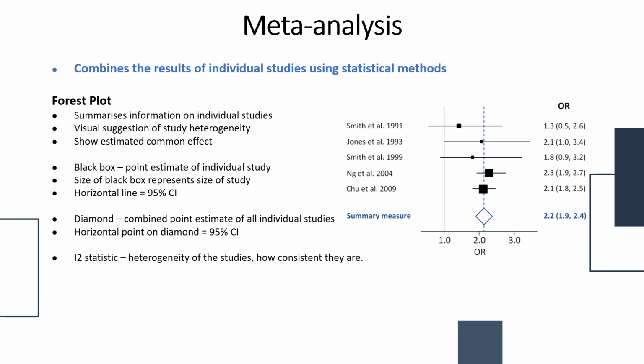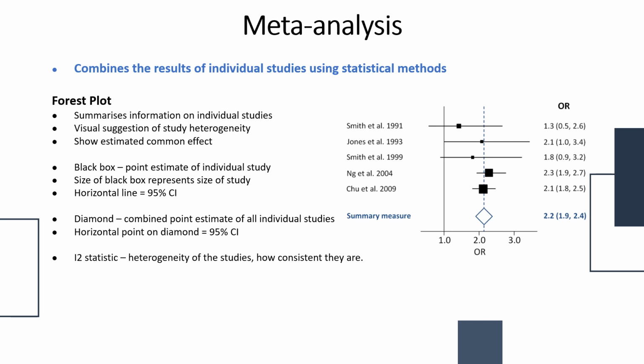So meta-analysis will combine the results of individual studies using statistical methods. Commonly this will be presented as a forest plot. What a forest plot does is it shows you the information on individual studies. You can see in the example here, each horizontal line is an individual study.